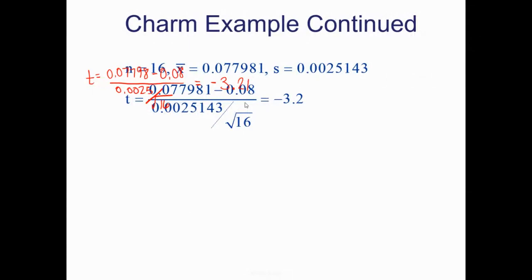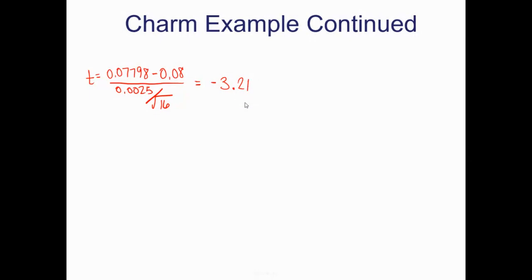Oh, well. So if we did this in the calculator and got the p-value, well, the p-value on the left side is 0.003. Now, this is a two-tailed test, so what do I have to do to that p-value?